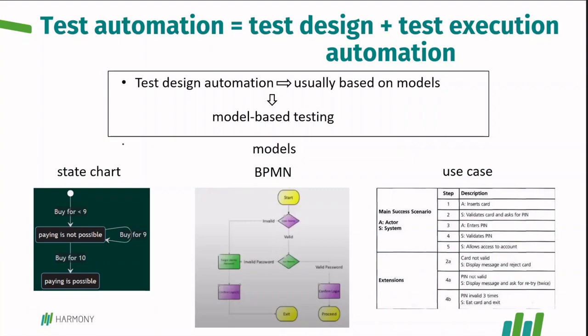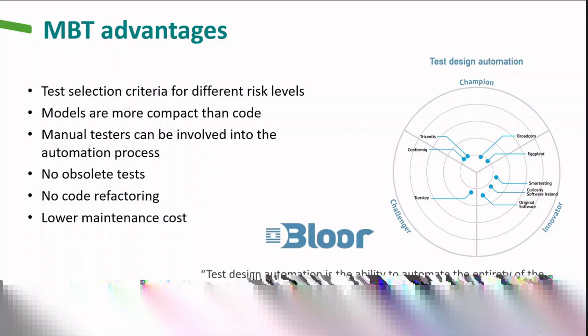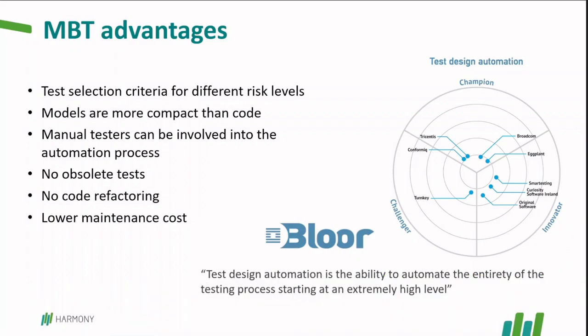Finally, the tool will generate or create a graph. And based on this graph, we can select an appropriate test selection criterion. And it depends on the actual risk level.